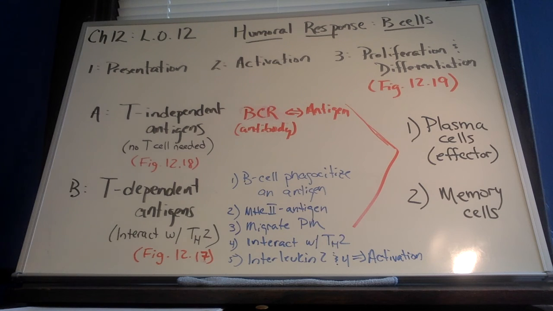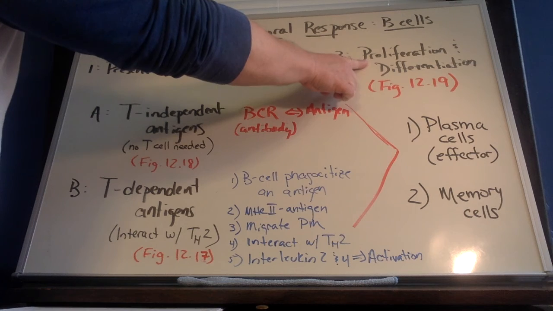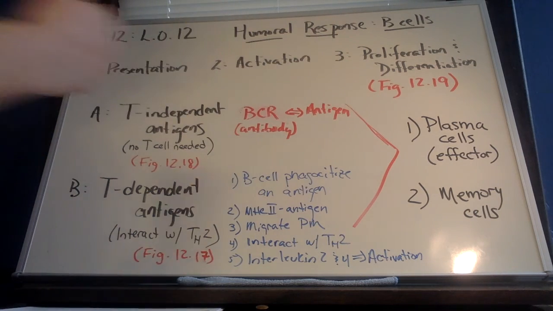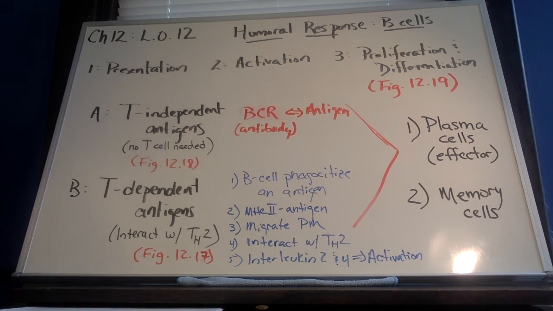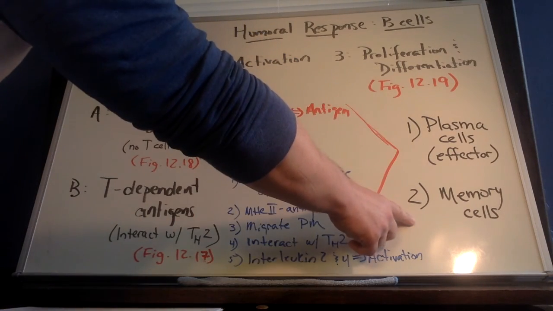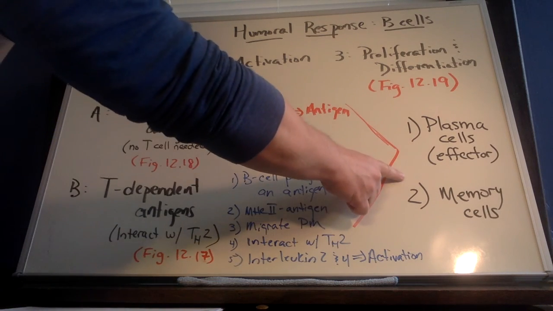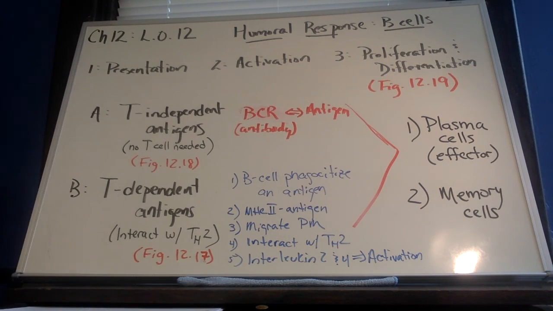So our T-dependent antigens is a much more complicated scenario. You have to go through almost the same process you did as a T cell. But once it gets activation, that will then start proliferation, i.e. mitosis, will develop more cells, and differentiation into either plasma cells or memory cells. Both activations will lead to the same result. So there are 2 different pathways B cells can take to become activated.